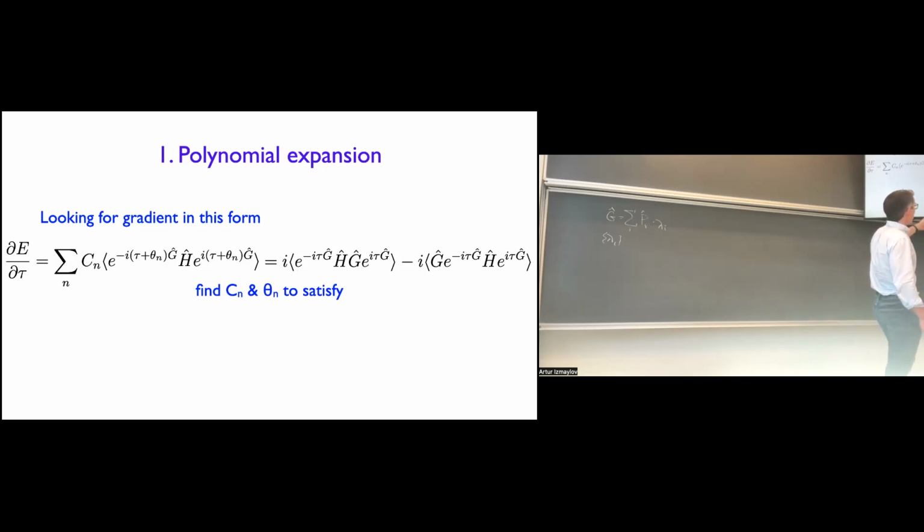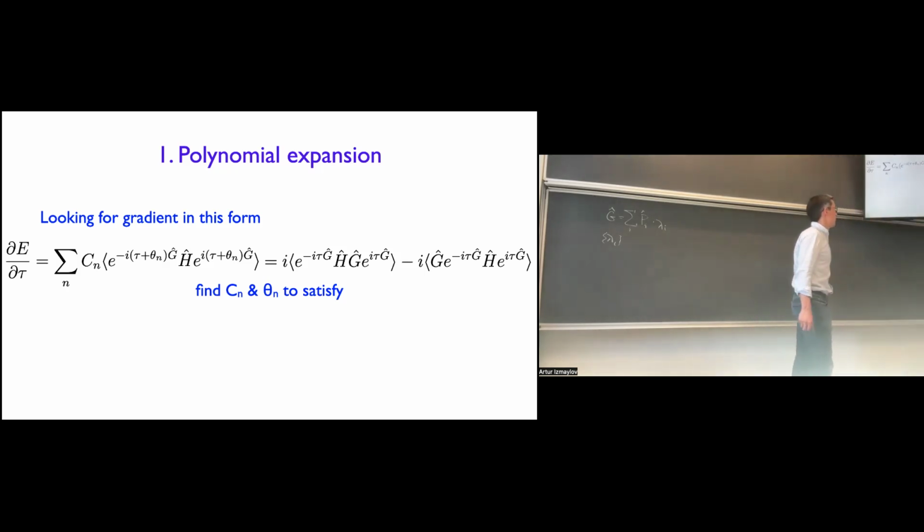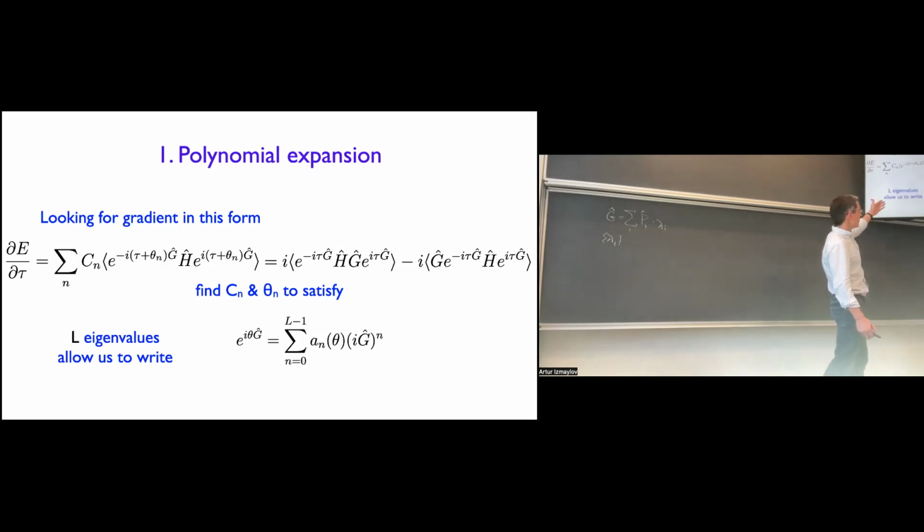What we have is just a single G, on different sides of the H. One is on the left, and the other is on the right, right? Because we are working with generators that only have L eigenvalues, every exponent here can be decomposed into a polynomial function.